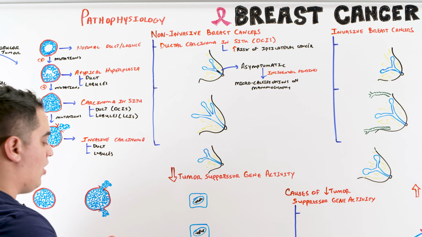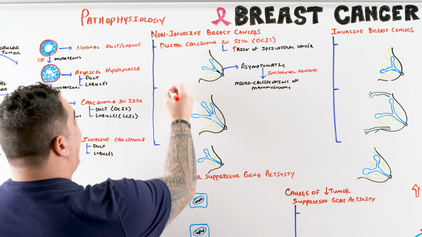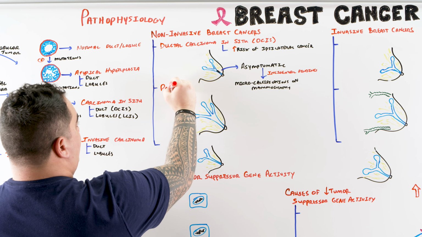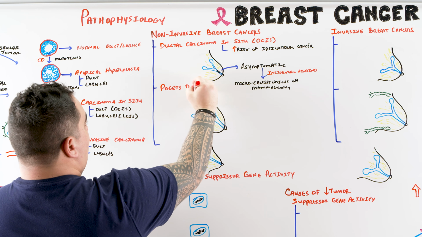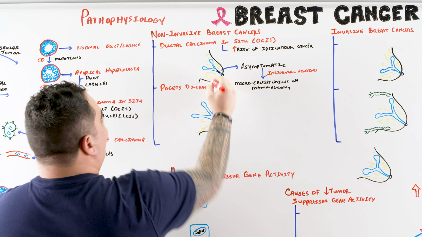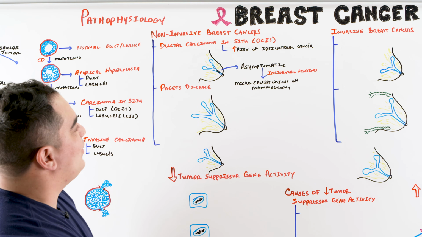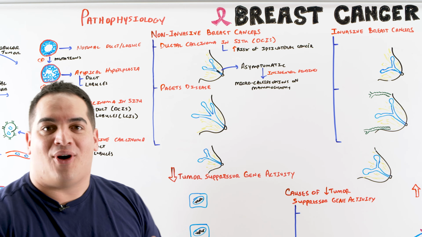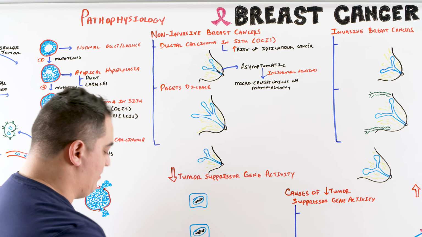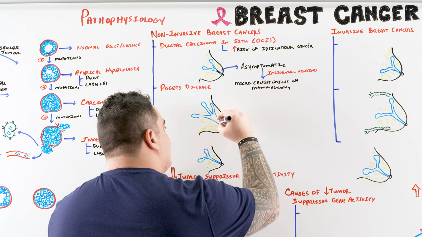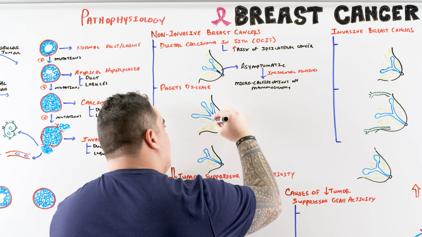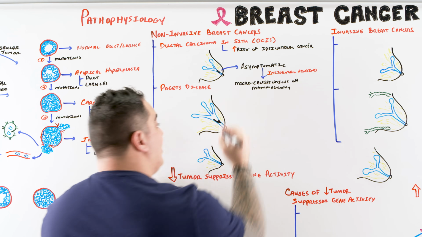The next one that I want to talk about is called Paget's disease of the breast, but I'm just going to put it down here as Paget's disease. It's actually kind of interesting. It starts off as a ductal carcinoma in situ. Imagine you have a cancer right here in the ducts. It's confined to it.